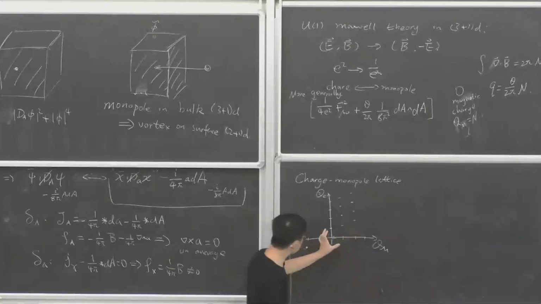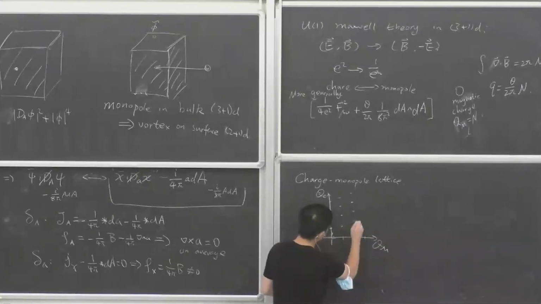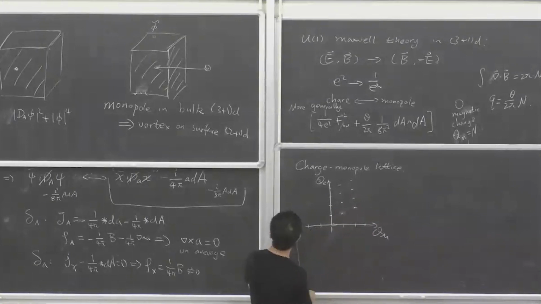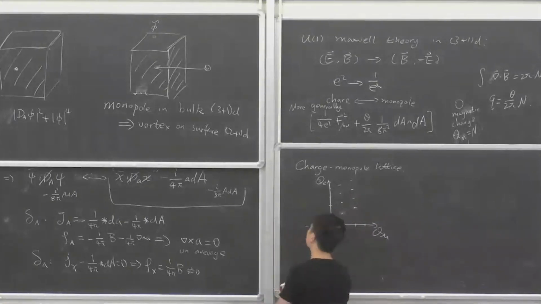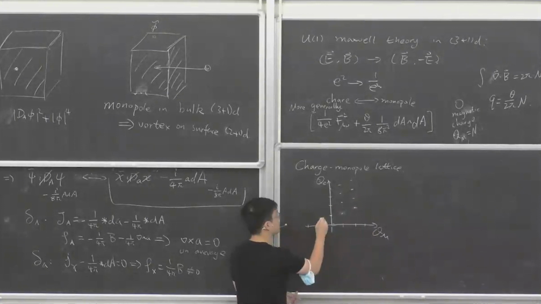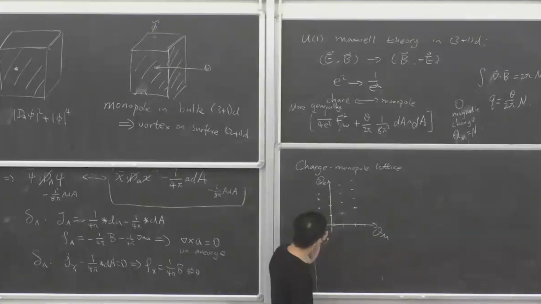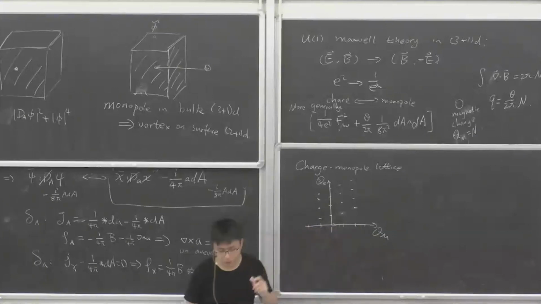Let me see how much I can do. I think I'll just pause here because I've introduced the charge monopole lattice, and I'm going to do something starting from tomorrow on this.